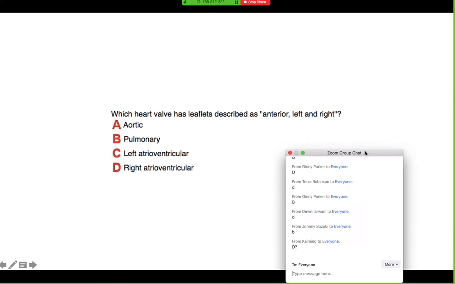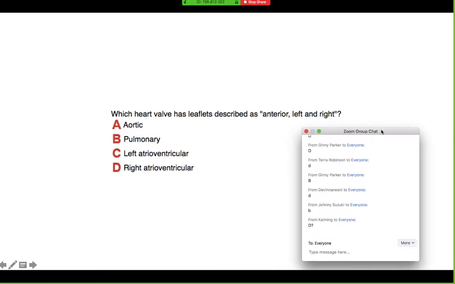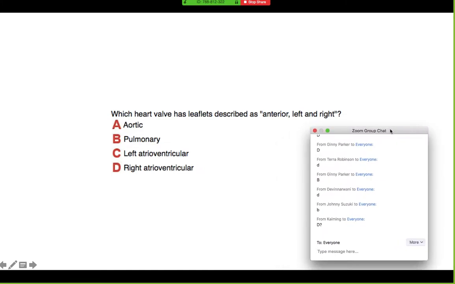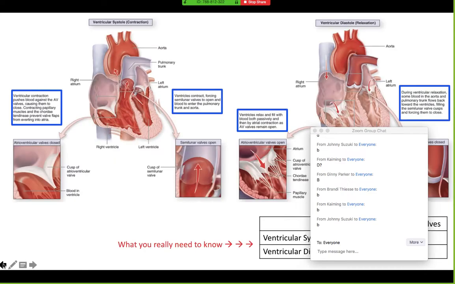Which heart valve has leaflets described as anterior, left, and right? Correct. The pulmonary. I think everybody's getting that one.